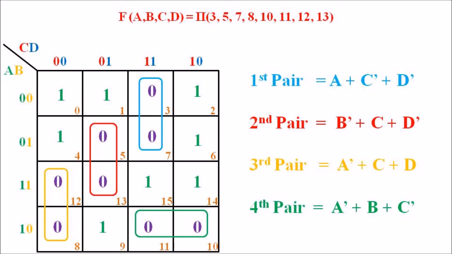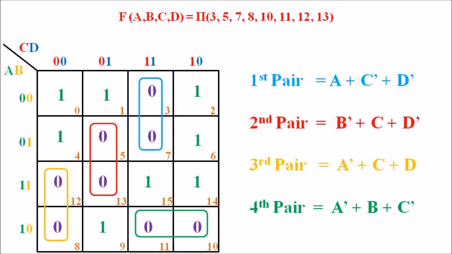We ignore the value of a and consider the value of b only. Therefore, b equal to 1 is taken to the final reduction, and since it lies in the second column, the values of c and d are 0 and 1 respectively. Therefore, the reduction for the second pair is b complement plus c plus d complement.